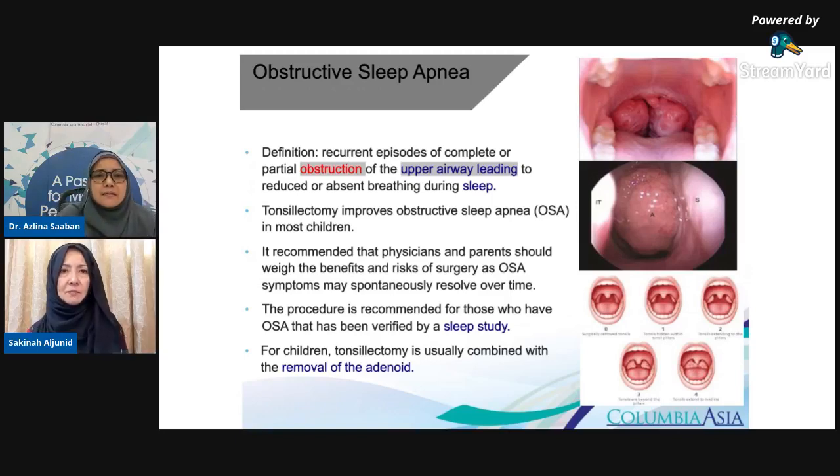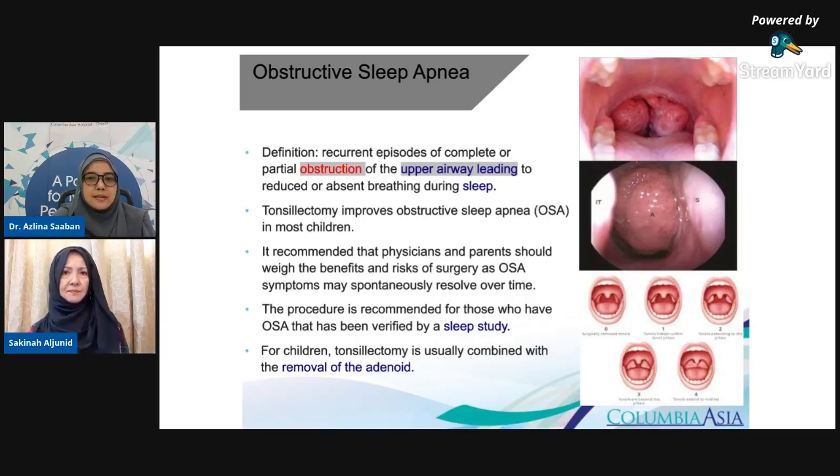Sleep apnea. What does the tonsil have to do with sleep apnea? What's the relation between the two? Basically, a sleep apnea patient presents with snoring and intermittently stops breathing during sleep. By definition, in 8 hours of sleep, the patient stops breathing up to about 30 times.